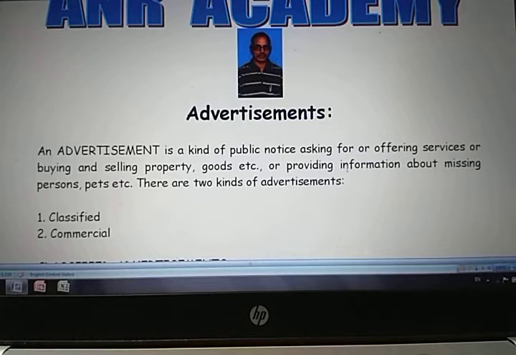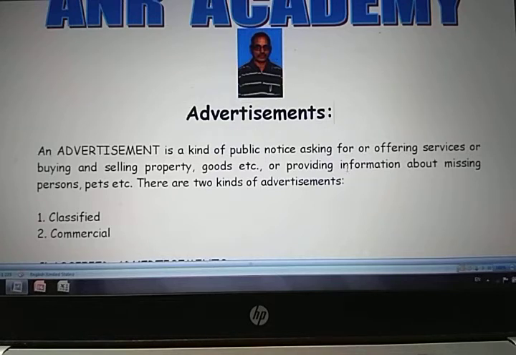Commercial means what? You see, nowadays in the newspaper we come across an advertisement about newly launched vehicles, photograph and everything. Very costly one, very good photographs would be fixed there.